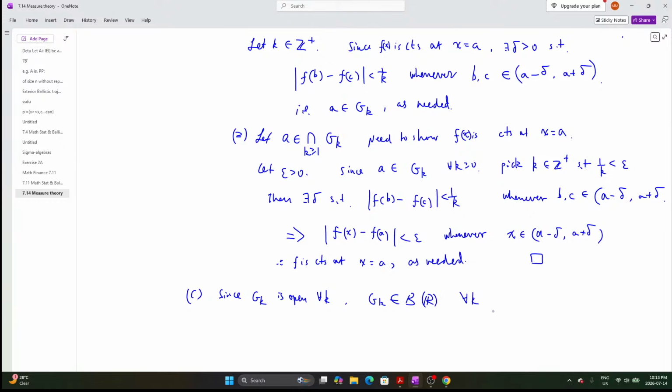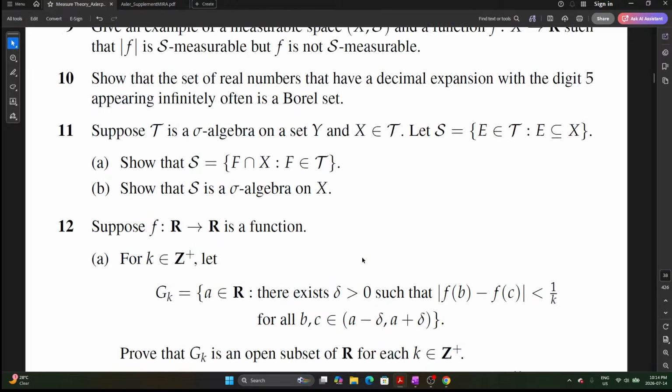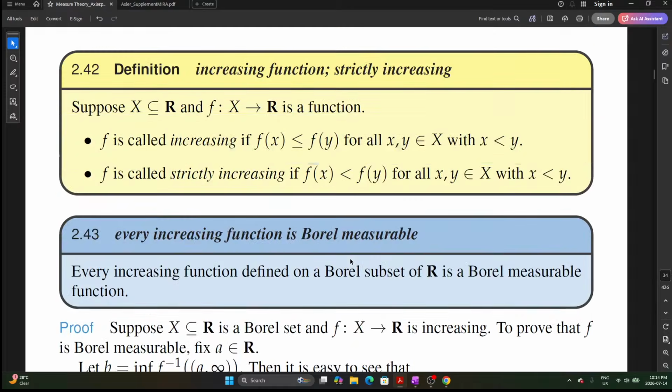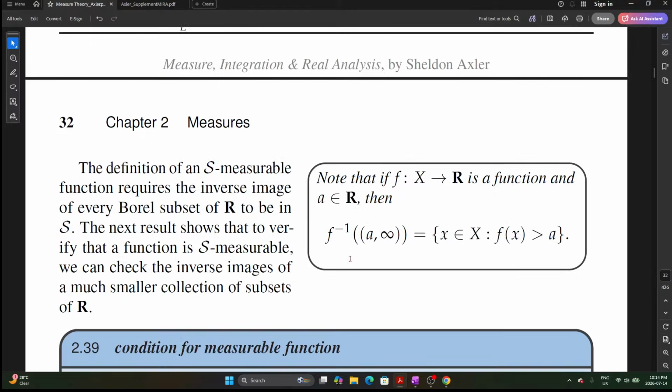Then the intersection over k greater or equal to 0 is an element in the Borel sigma algebra of R. So this is a nice example, just a little bit less trivial, even though the proof is actually quite straightforward. You just need the definition of continuity. The set of continuity is a Borel set. Cool. The Borel sigma algebra is, of course, probably the most important sigma algebra of all time.